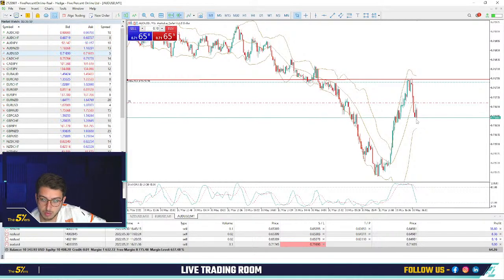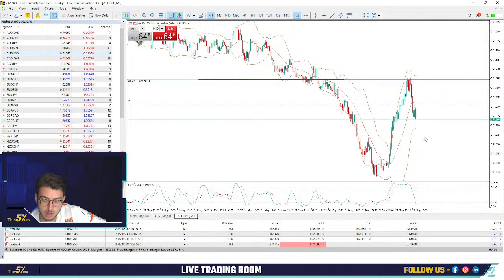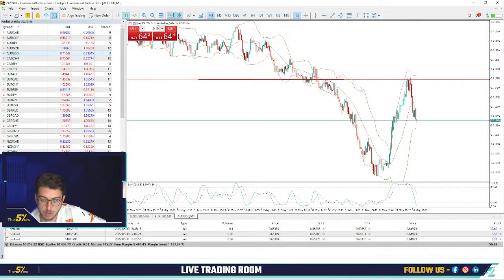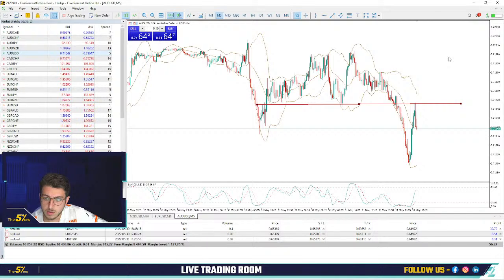Perfect. Okay, so we have already this breakout. We want to see a little bit more than that in order to close. Okay, we get out here. That's fine. That's a nice trade. Very happy with that one here.